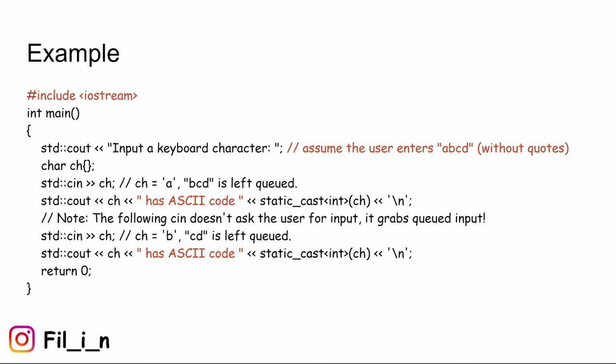Note, the following cin doesn't ask the user for input, it grabs queued input. std::cin >> ch, ch equals 'b', CD is left queued. std::cout, ch has ASCII code, static_cast<int>(ch). return 0.